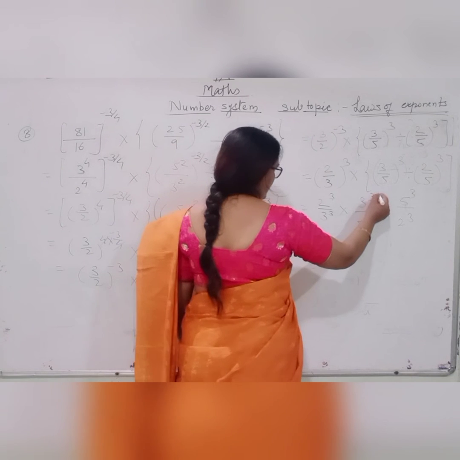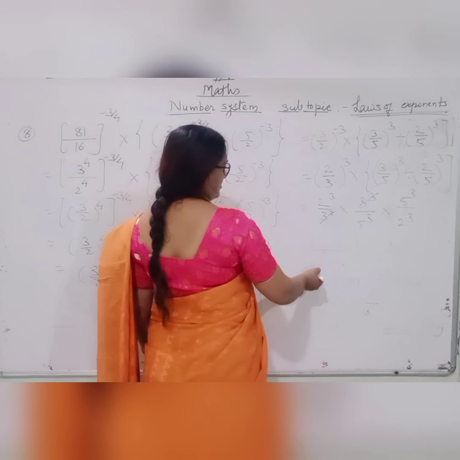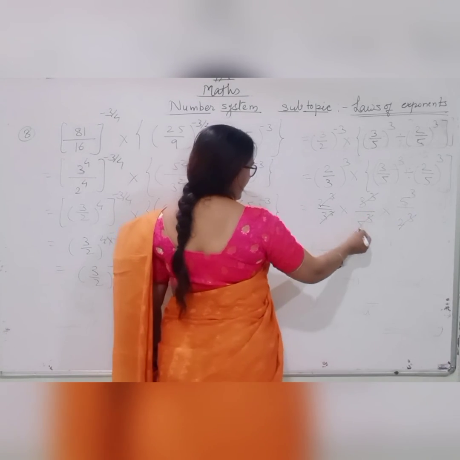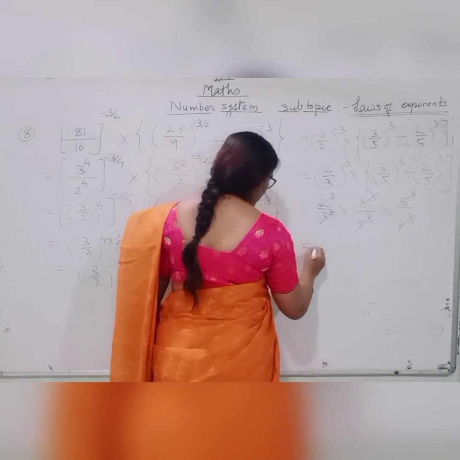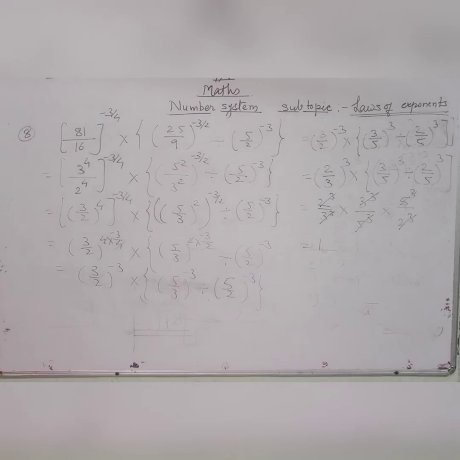Okay, so 3 cube, 3 cube, 2 cube, 2 cube, 5 cube, 5 cube. What is the answer? Answer is 1. Like this you can solve the rest of the examples. Understood? Thank you.